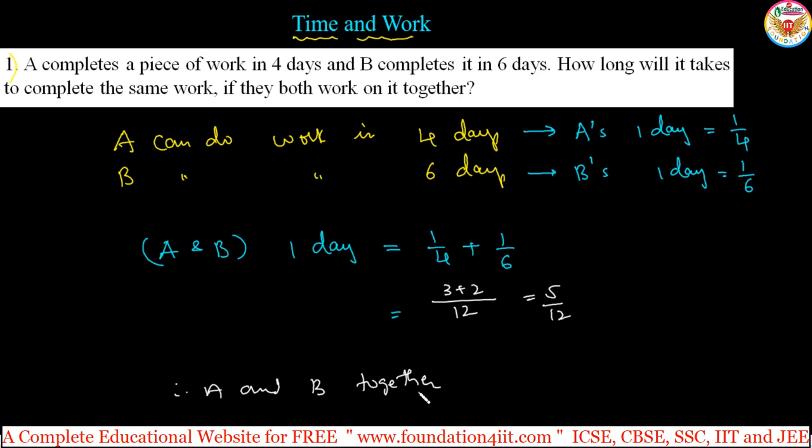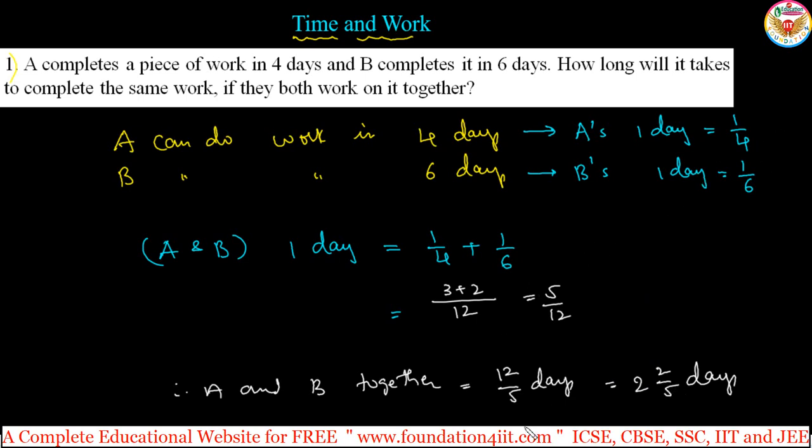So A and B together take 12 by 5 days. That we can write as a mixed fraction, 2 and 2 by 5 days. A's capacity is 4 days, B's is 6, so together it should be less than 4 only, because they are working together.